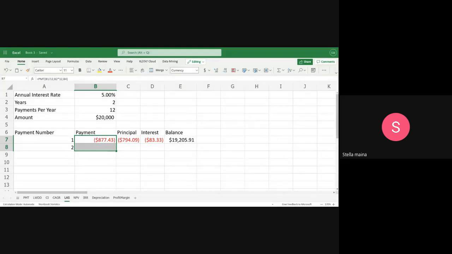Let me try something. I'm trying to autofill this. Let me see if it will cooperate with me.